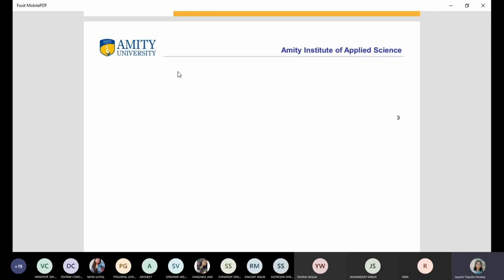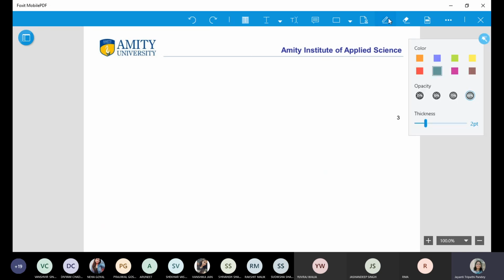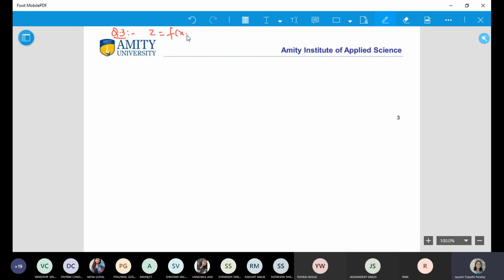Please write the next question. z is equal to f of x comma y. x is equal to e to the power u plus e to the power minus v. y is equal to e to the power minus u minus e to the power v.